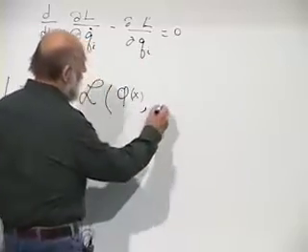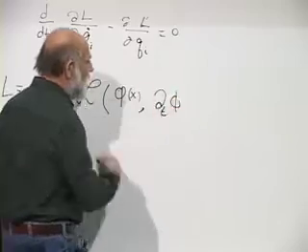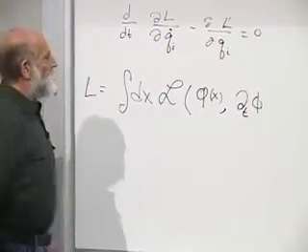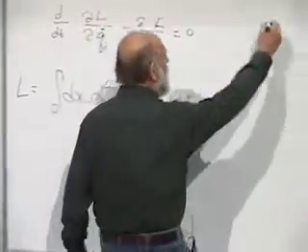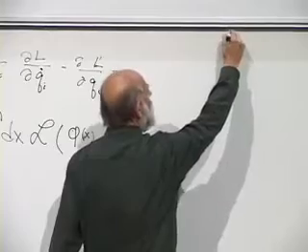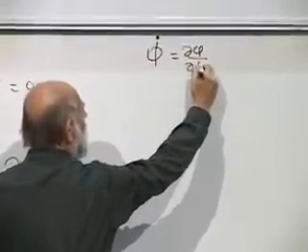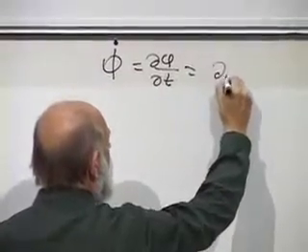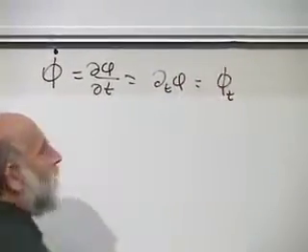Let me write that just as dt phi, shorthand for d phi by dt. Here are some notational equivalences: phi dot equals d phi by dt equals dt phi equals phi sub t. All the same thing.